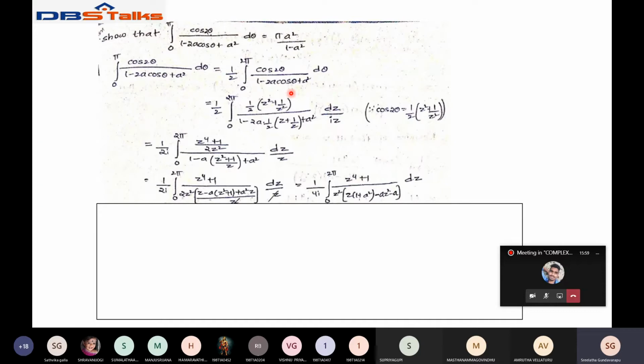After calculation, the numerator is (z⁴ + 1)/(2z²), and the denominator is 1 − a(z + 1/z) + a², times dz/z.